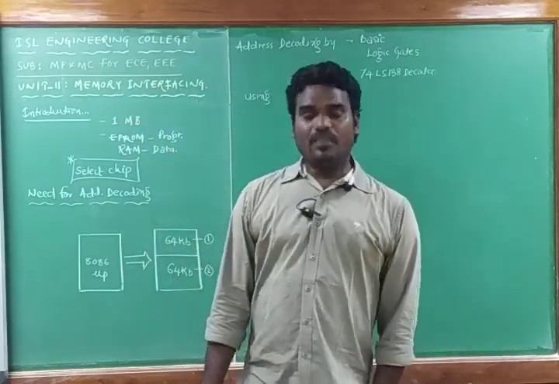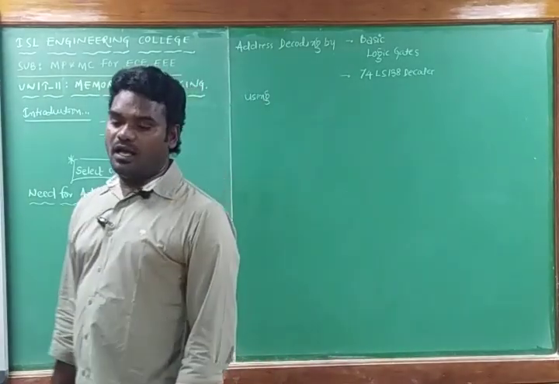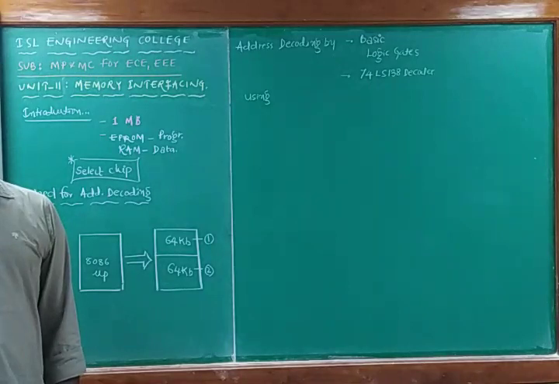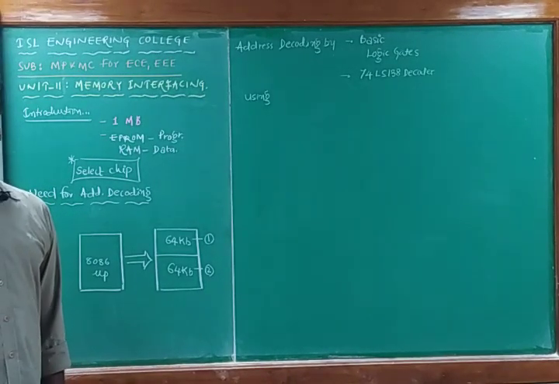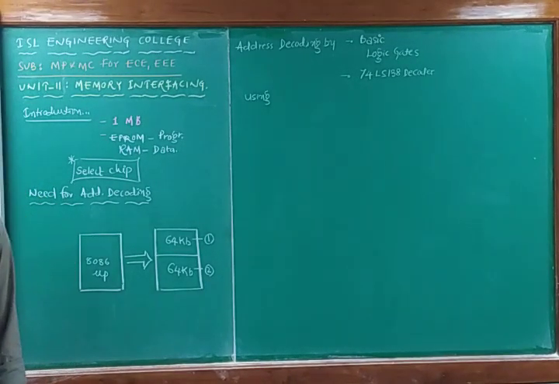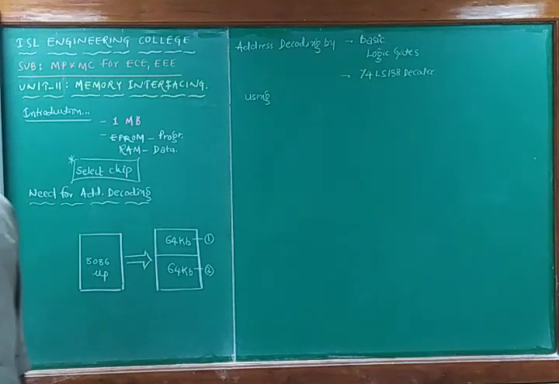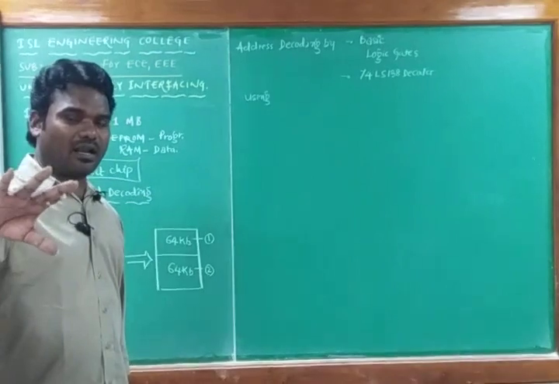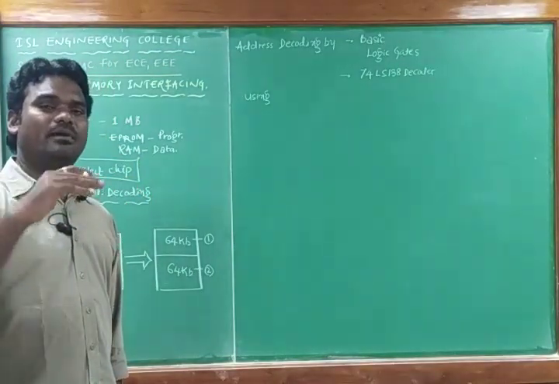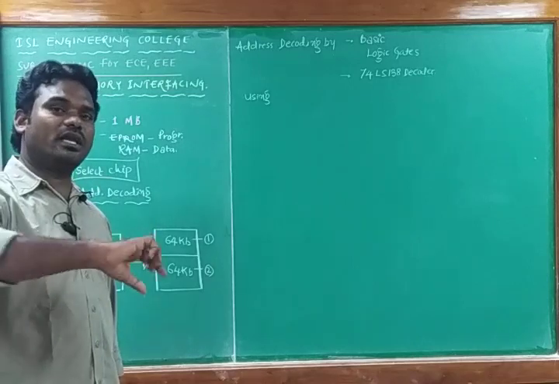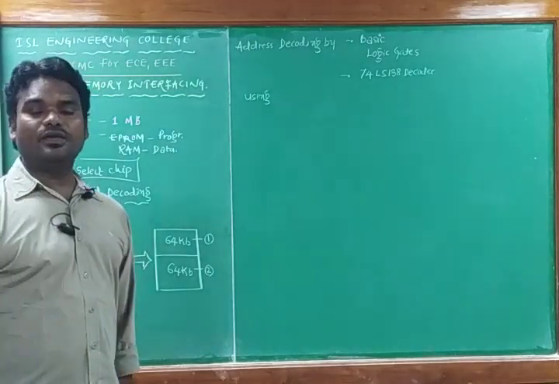Since the data, address and control buses are common for all the devices which are interfaced with the microprocessor, all these three buses are going to connect to one particular unit only.